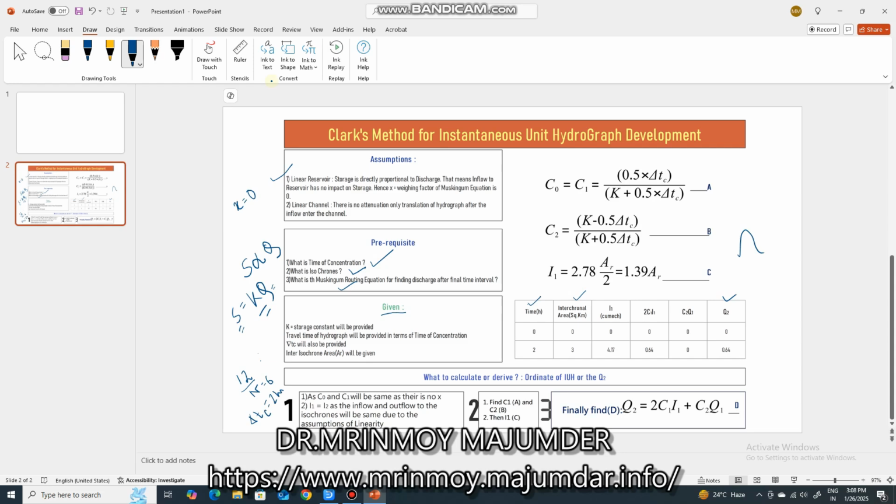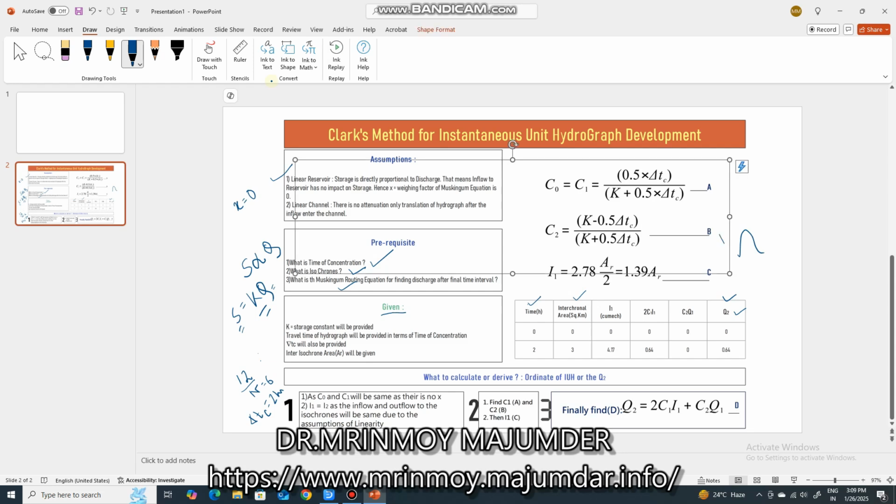Okay, so the del Tc, the time of concentration, will be 2 hours. Now for every time of concentration, you have to calculate the value of Q2, because that is the way you will generate the unit hydrograph.